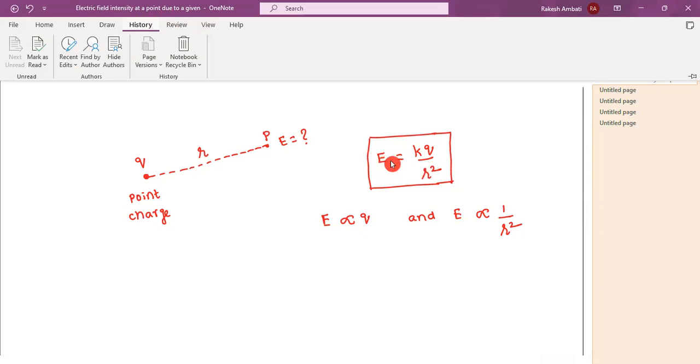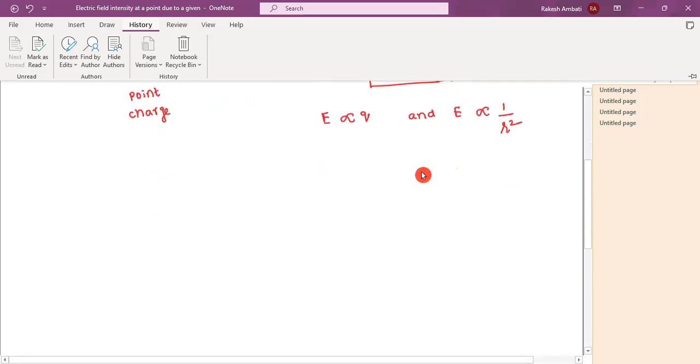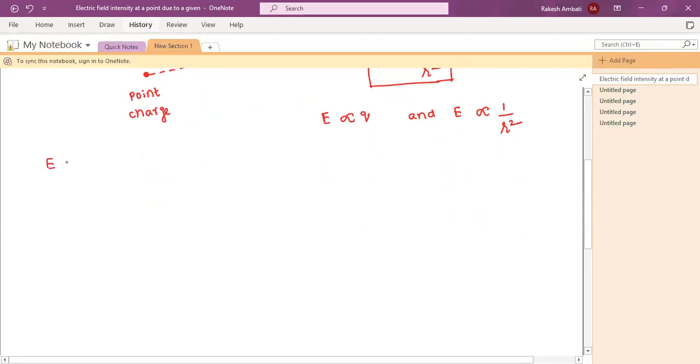Here, important points: E proportional to Q. I told you already, Q means magnitude of the charge.